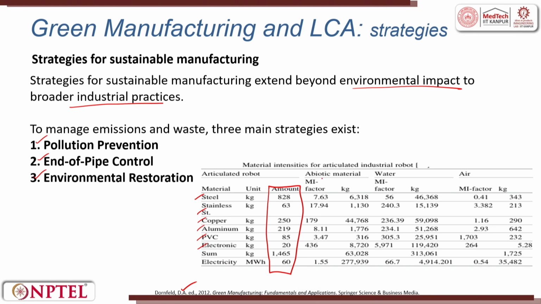You can see the abiotic material given here in kgs. You can see water given here in kgs. You can see air given here in kgs. So these are some examples. When we collect the data, you get this kind of tabular form of data. From here, you can see in terms of emissions in air, in water, or in abiotic material, what the material inputs are.